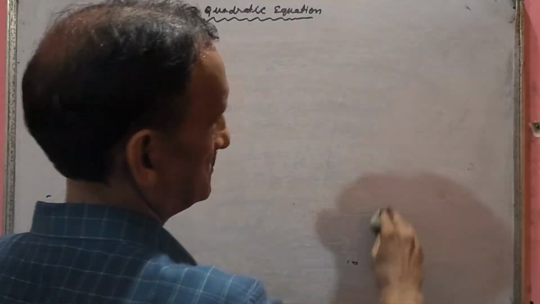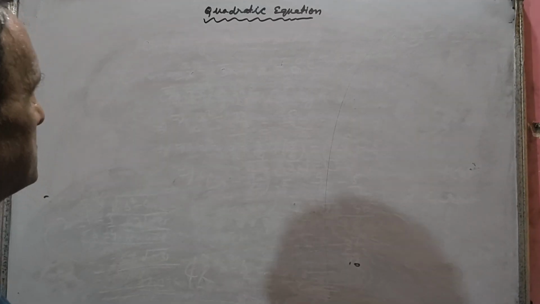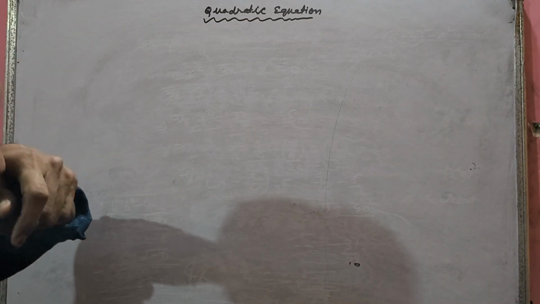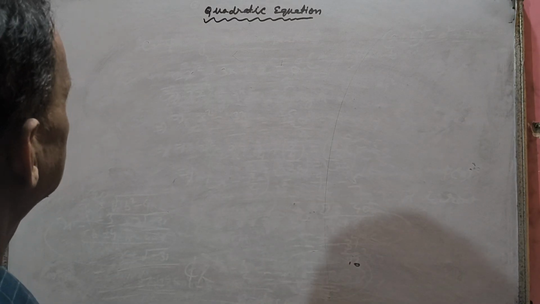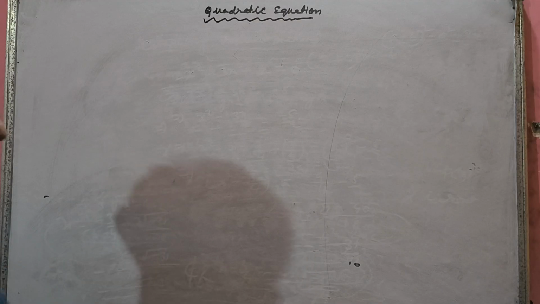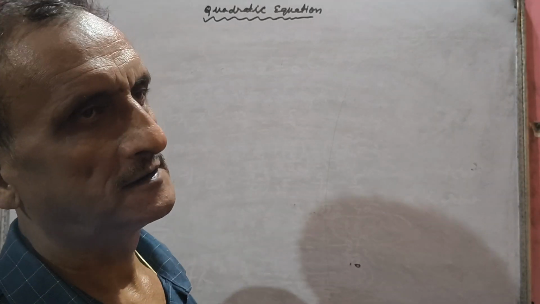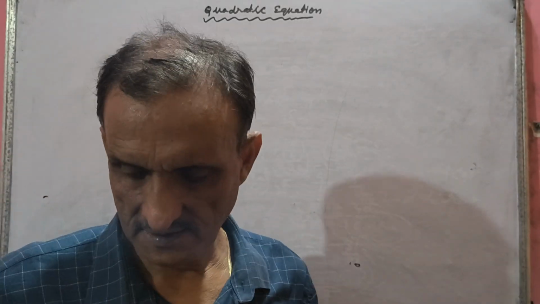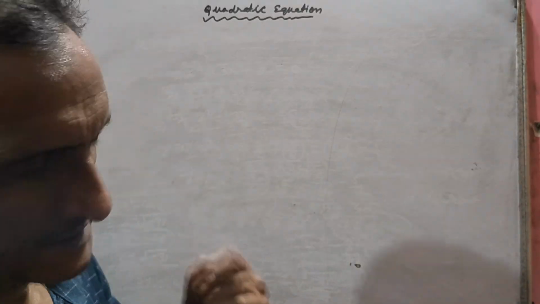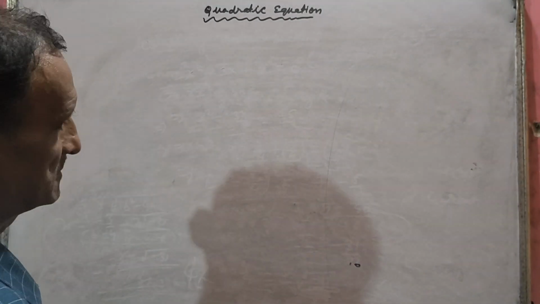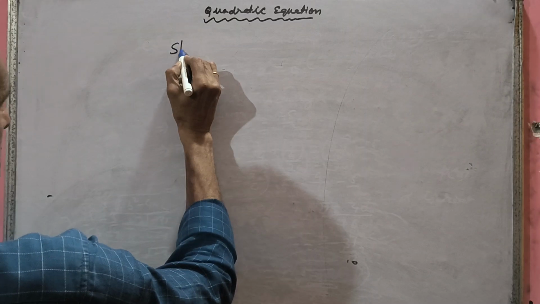There is another way also of the completing square method. I don't know why it is not available in the book nowadays, but this is the completing square method only, explained in a different way. It is the method of the Indian mathematician named Sridhar Acharya.